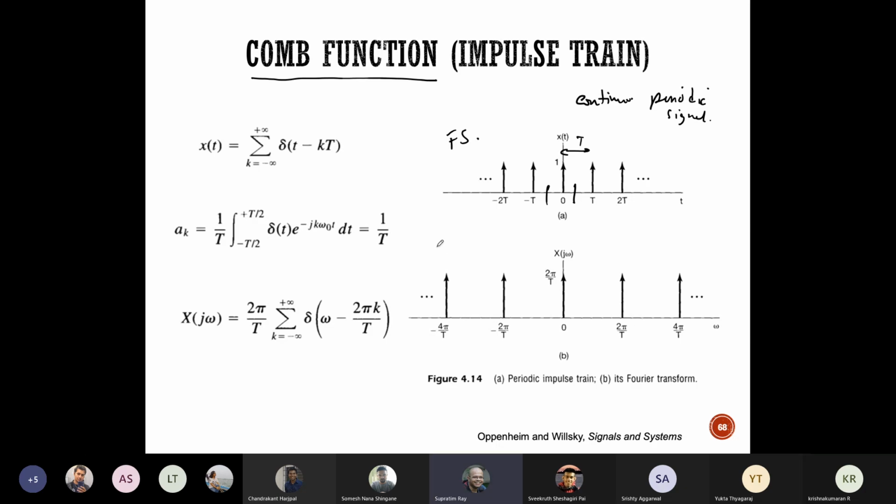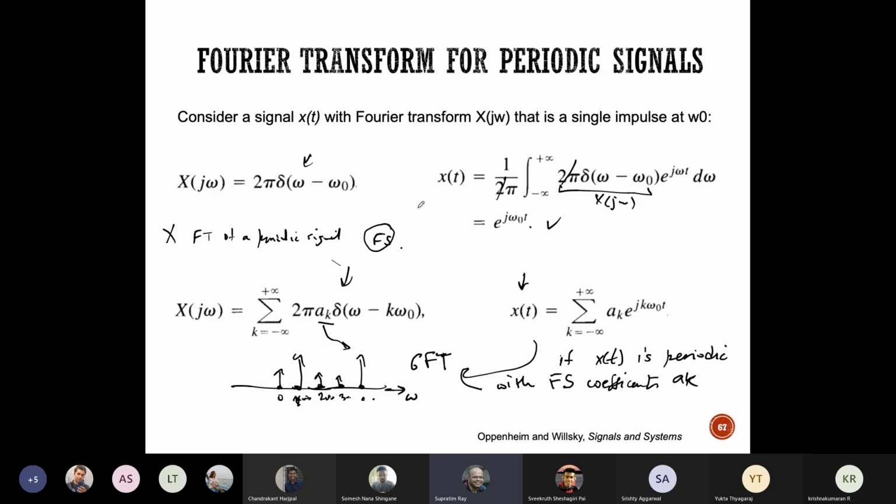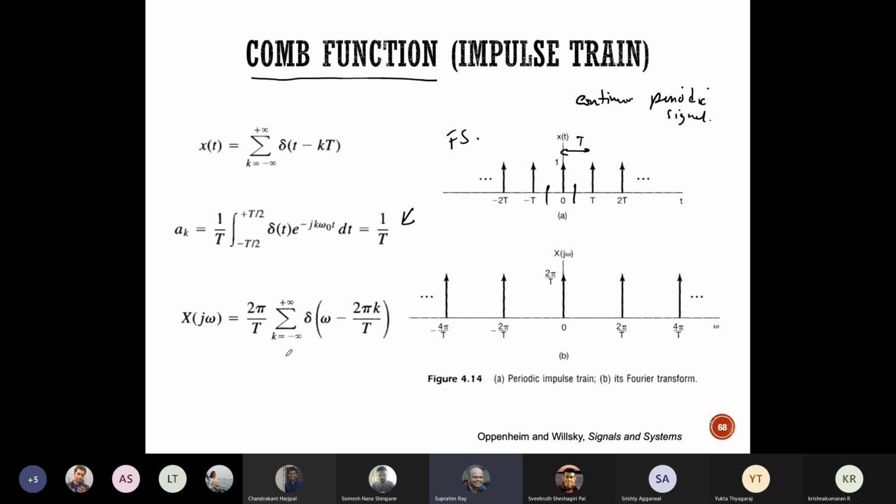There are an infinite number of them, and each one has a coefficient of 1 by T. I have just used this formula, and from there I have got this, and a_k is just 1 by T. So 2 pi by T comes out, and I'm left with the delta function here. So always remember, if you have a comb function as an input, you get a comb function as an output.